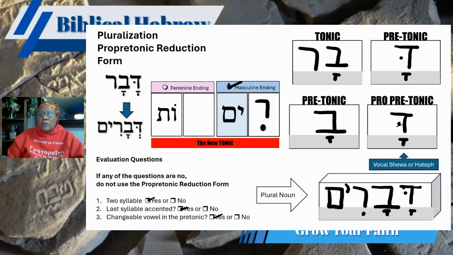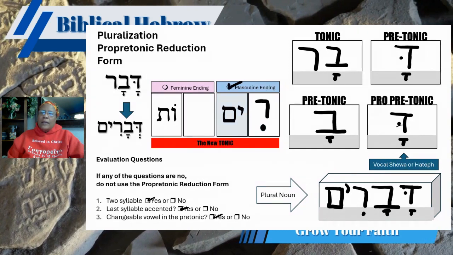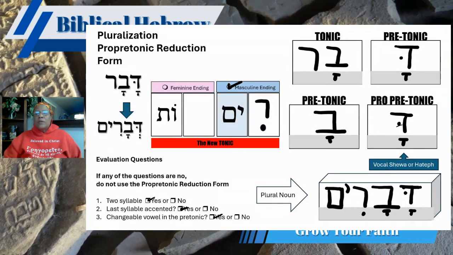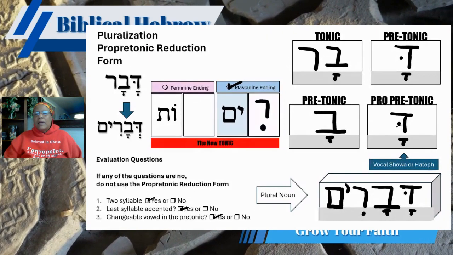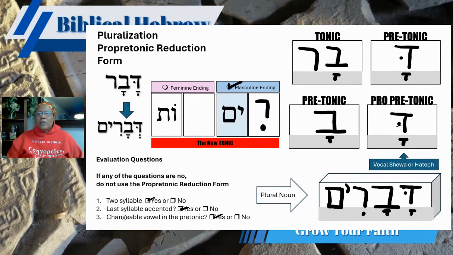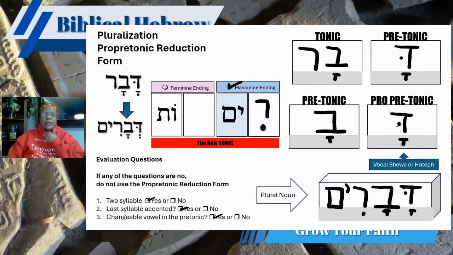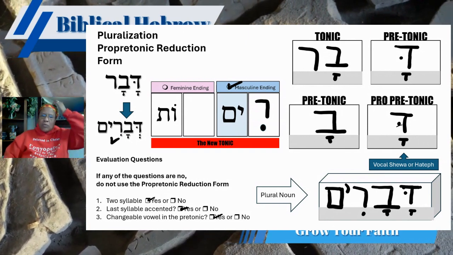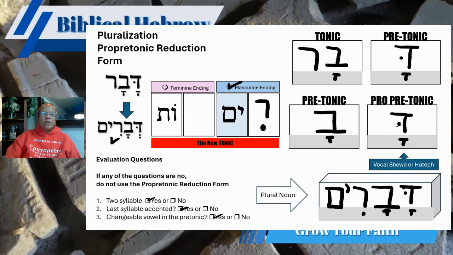Okay, so I saw my begadkefat letter, dalet, followed by another begadkefat letter, the vet, with a guttural resh and with the mem. And then my vowel letters is kamatz, hirik, yud, and that's it. And when I check it against what's out there, it says that we're good as gold.